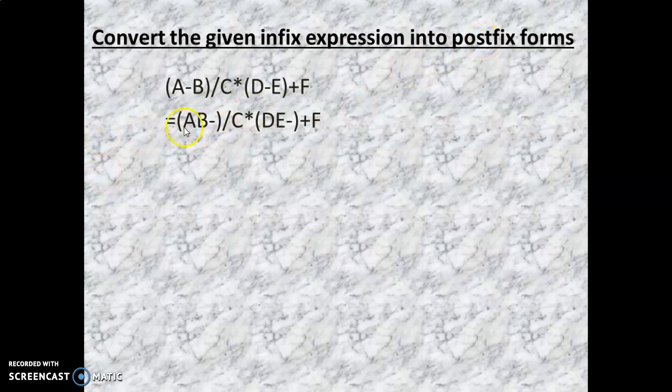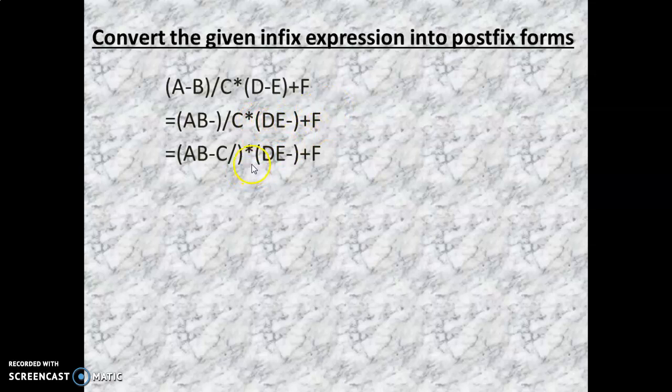So division is between A, B minus as one unit and C as one unit. So AB minus is one unit and C is another unit, and in between we have division, so just put the division after. Now this side is over, and the rest of the things are the same, written over here.